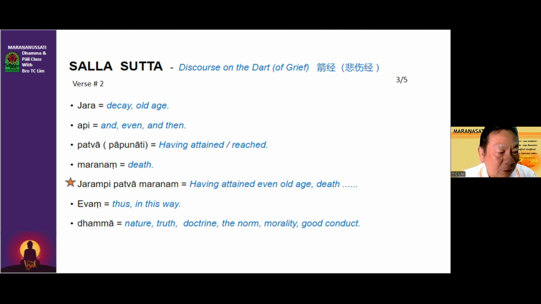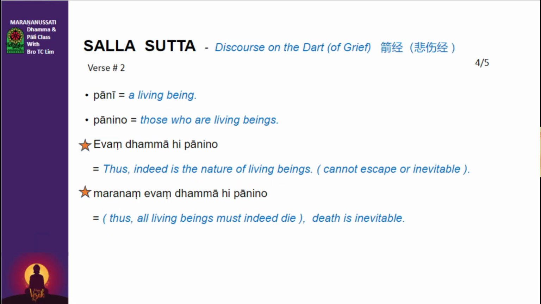Next one we have evang, which means thus or in this way. Dhamma means nature or truth or doctrine. Pani is a living being. Panino, those who are living beings. So evang dhamma hi panino: thus indeed is the nature of living beings.